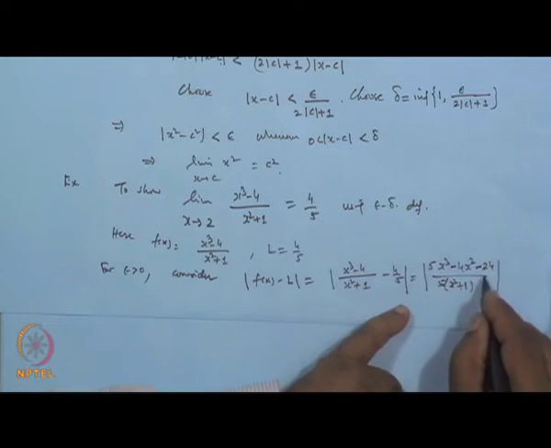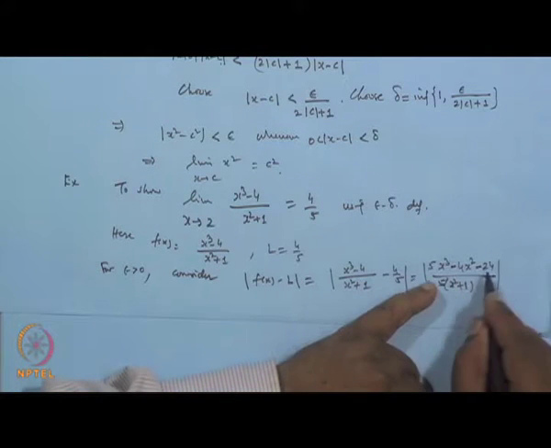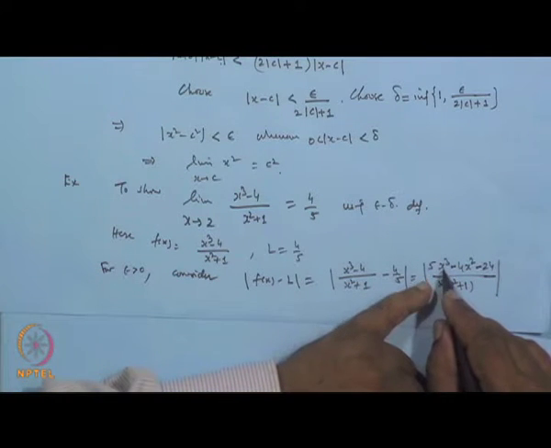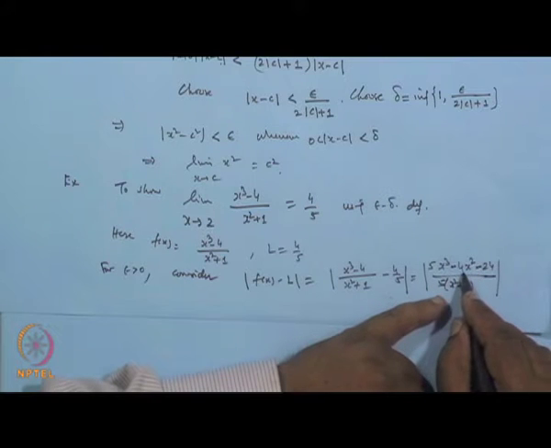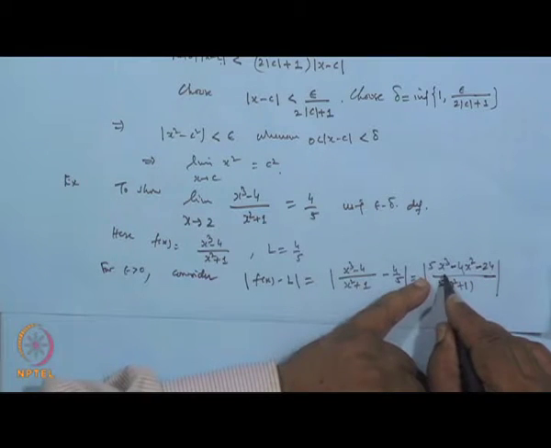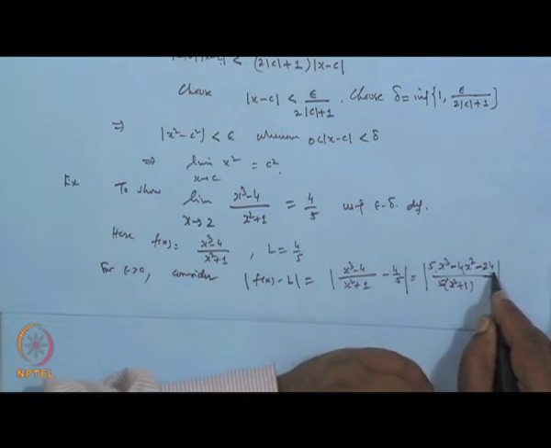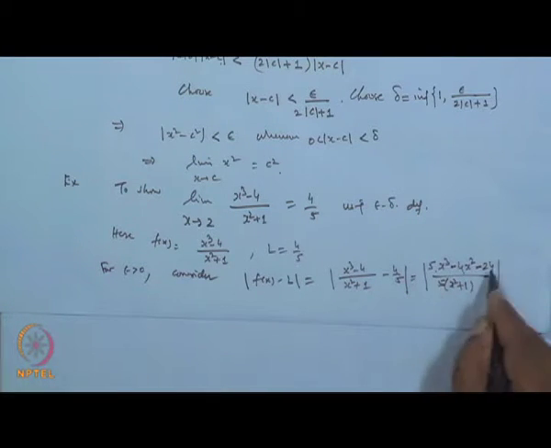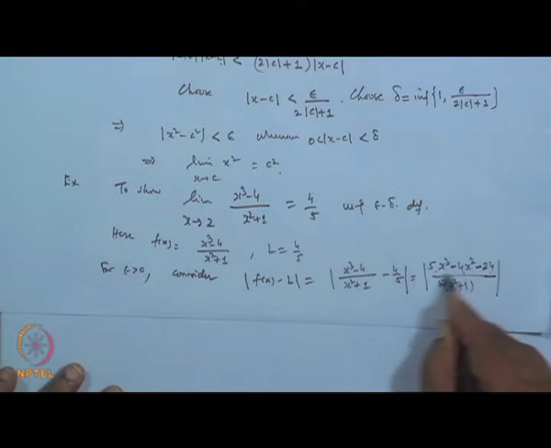Now, if we look at the numerator, x equal to 2 satisfies it: 40 minus 16 minus 24 is 0. It means x minus 2 is a factor of this expression, so we can separate out the x minus 2 factor from the numerator.